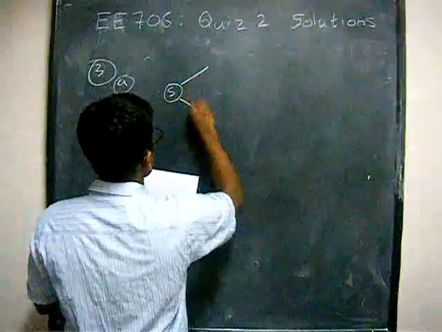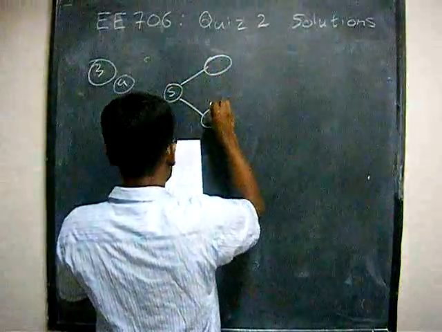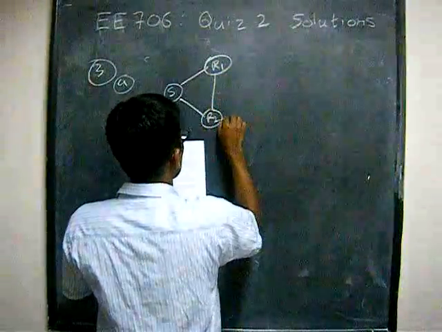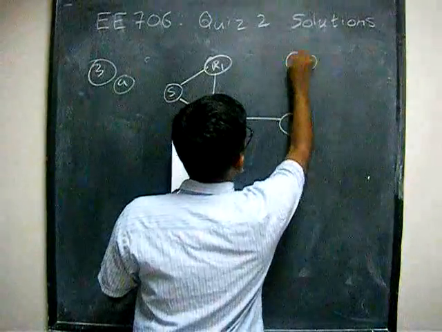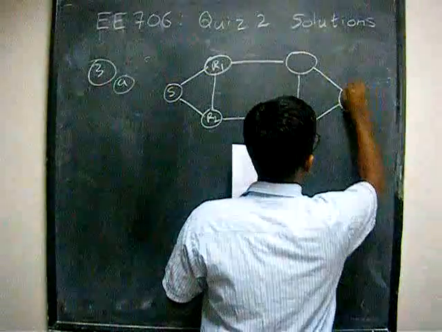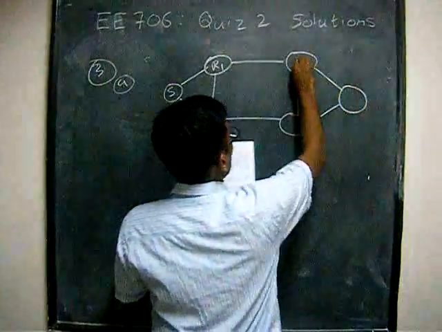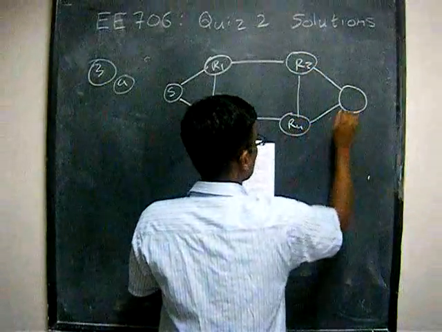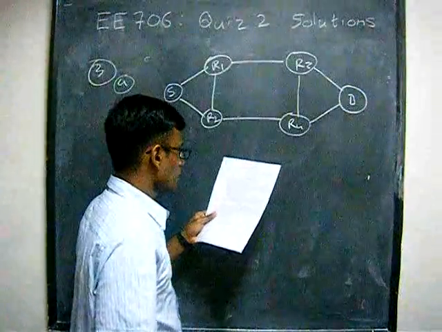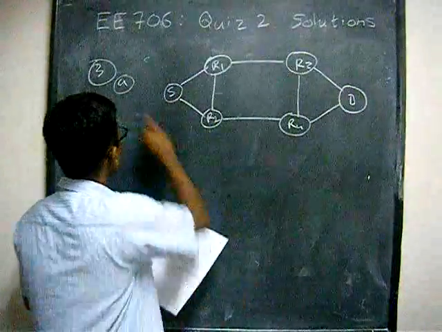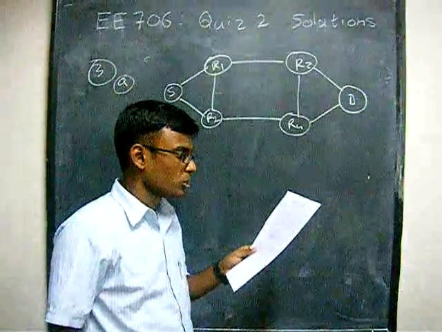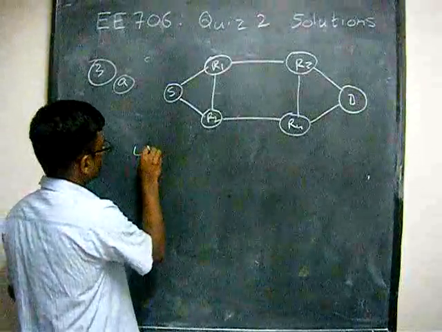That is the source, here R1, R2, and for this 6-node communication network, the first question, 3A, was: list all routes from node S to node D. So list all routes.